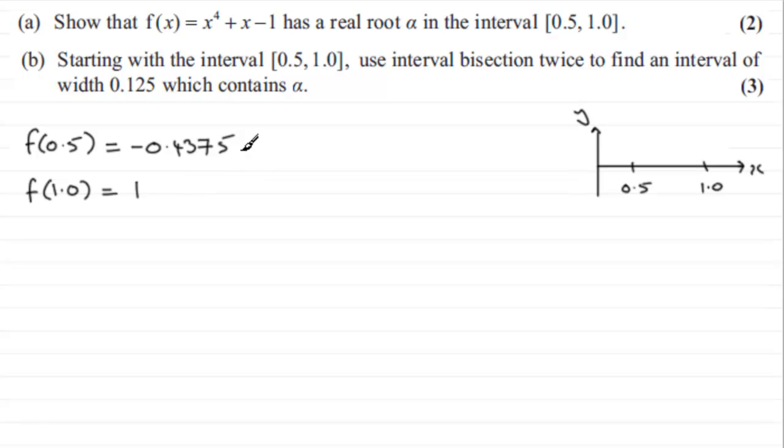So you can see that what we've got is a change in sign. The curve has gone from a negative value at 0.5, let's just say that's down there, up to a positive value of 1 at 1. So the curve has crossed through this interval at some point. I don't know exactly where it is. That's going to be the part that we're going to work with in part B.